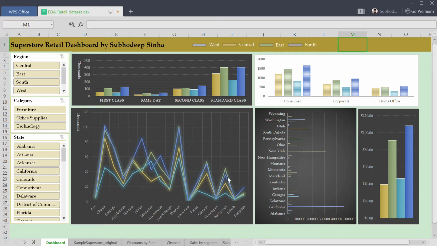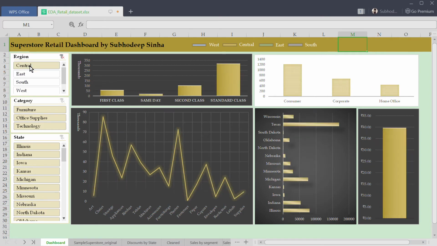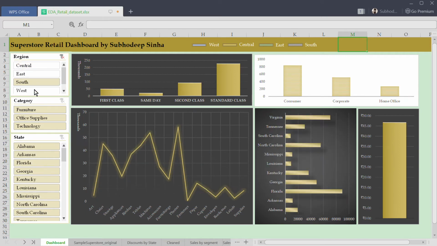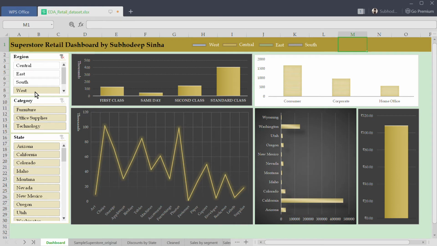So these few subcategory items have a big dip, which shows that they are least popular among the customers in all the four regions. And if we want to check it region wise, here we go: central region, eastern region, southern region, and western region.